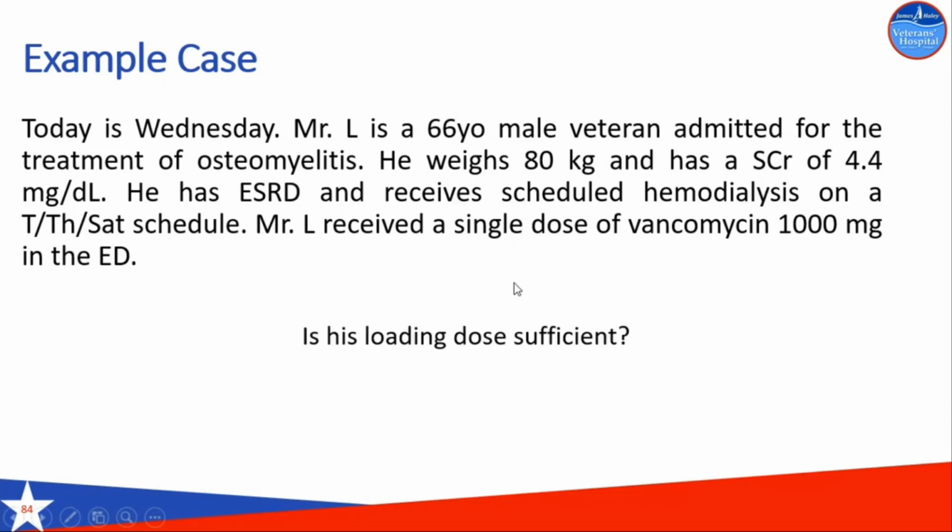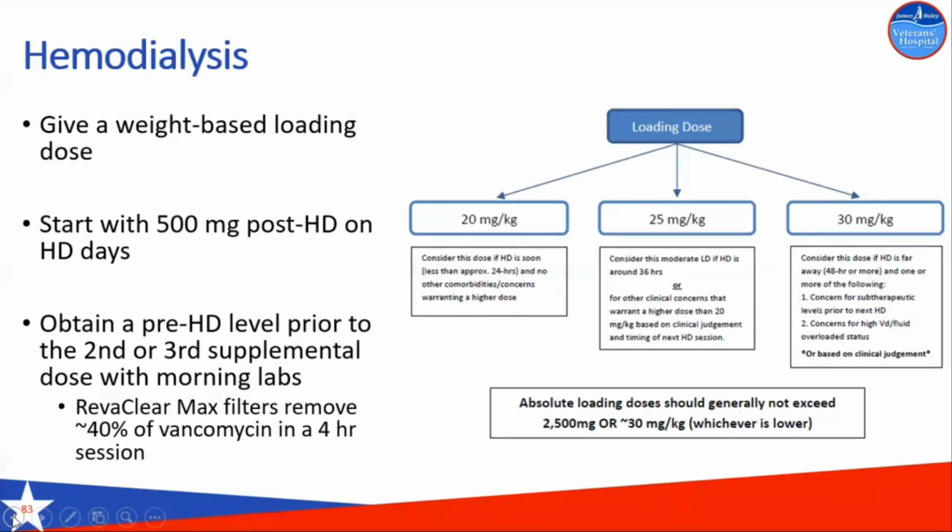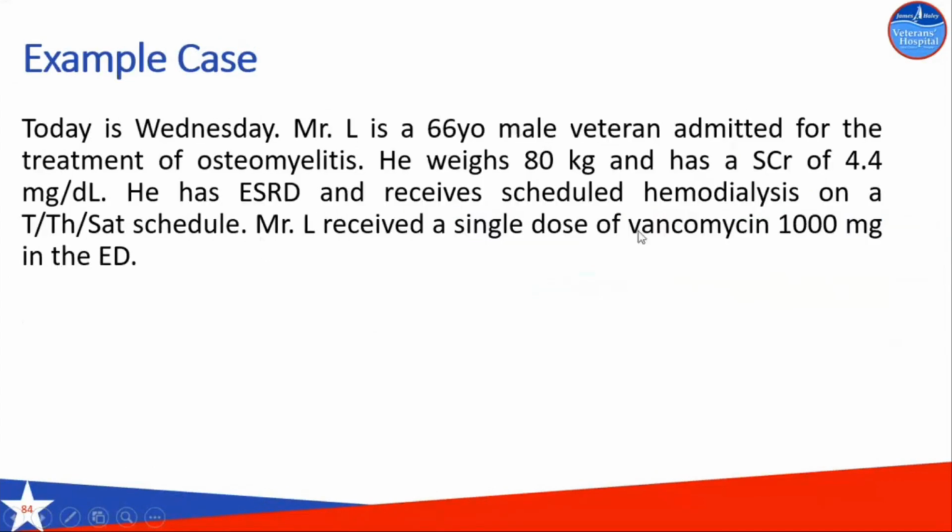All right, so do we think his loading dose is sufficient? If we go back to that algorithm on the previous screen, we can see, okay, probably within the next 36 hours or so, he's going to get dialysis. So if we do 25 mg per kg and he weighs 80 kilos, it's probably not sufficient.